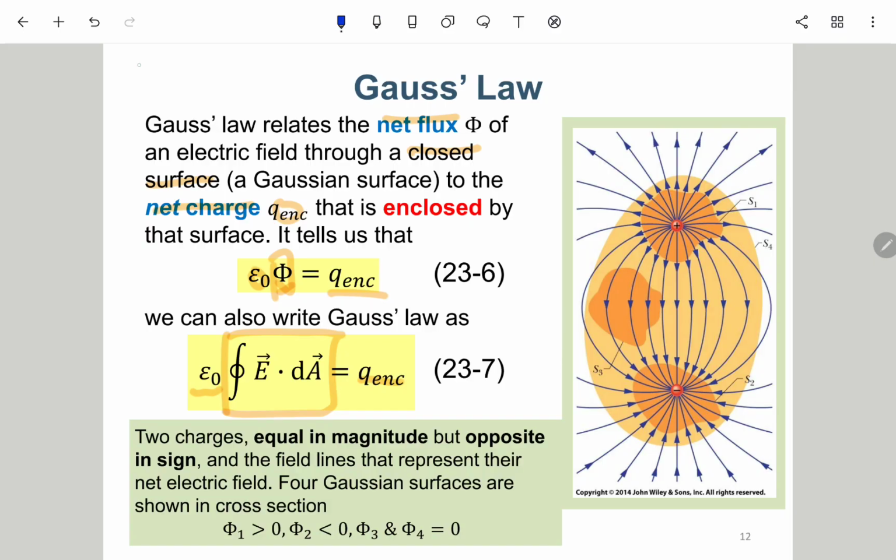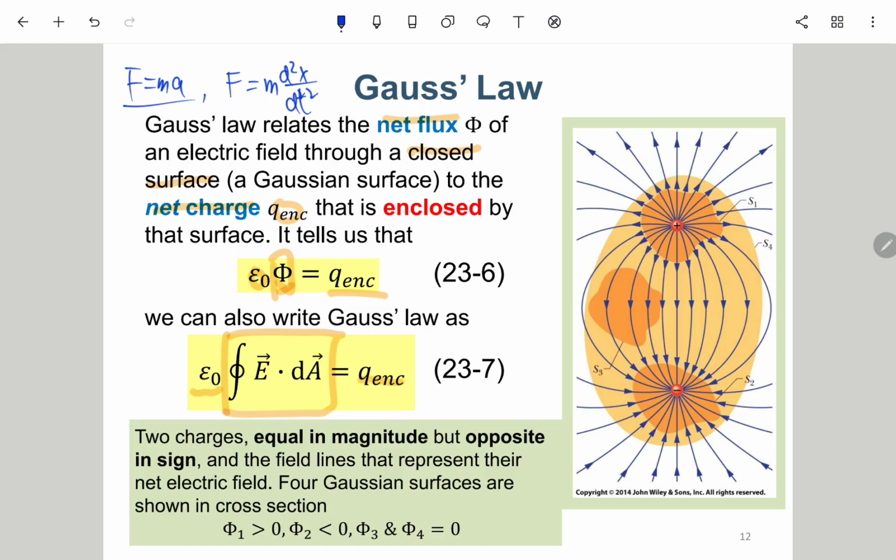Just like F equals MA can be used by a high school student, even if you haven't learned calculus. But actually in bachelor study, if you would like to use it, it will be better to write it as F equals M times the second derivative of x with respect to t.